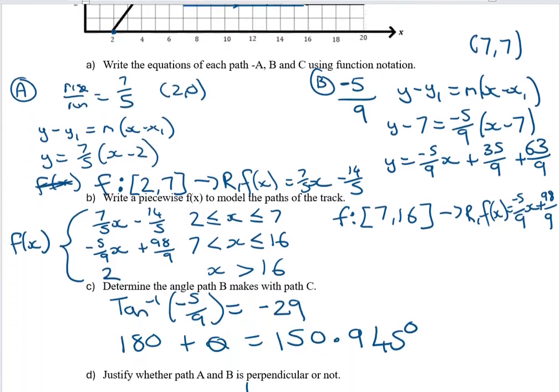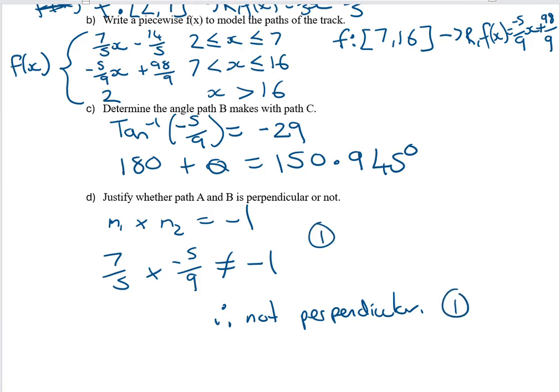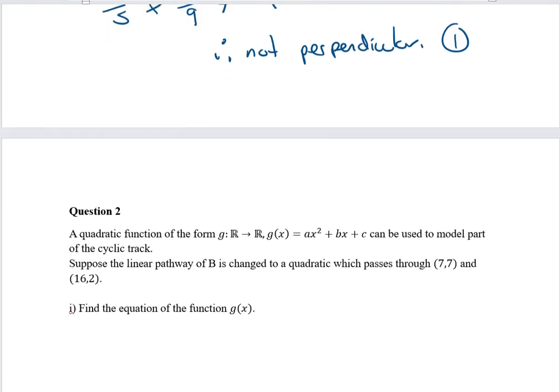B is negative 5 over 9. And they do not times together to equal negative 1. So therefore, it's not perpendicular. So you would get 1 mark for this, 1 mark for stating whether it is perpendicular or not.